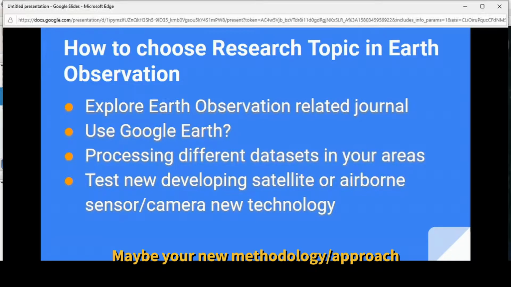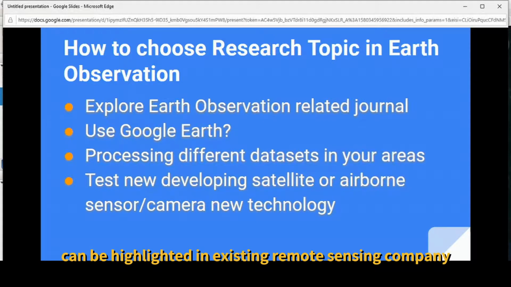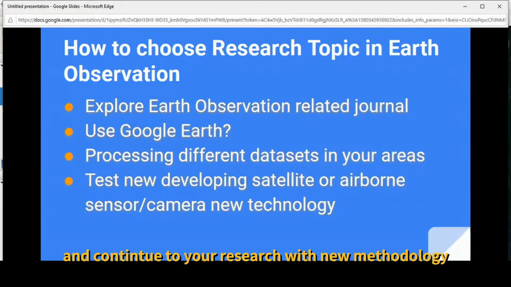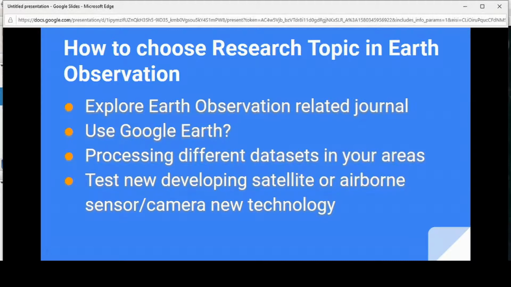So maybe your methodology will be highlighted by an existing remote sensing company, and that may be good for you to continue your research, or in the future, maybe you receive a job offer from an existing company, or continue to work together.